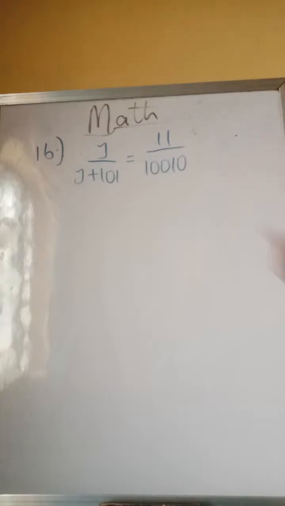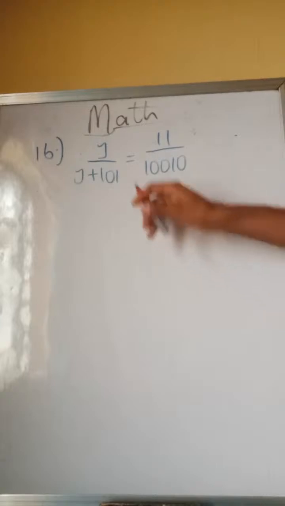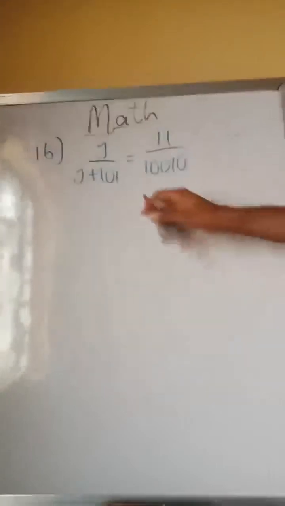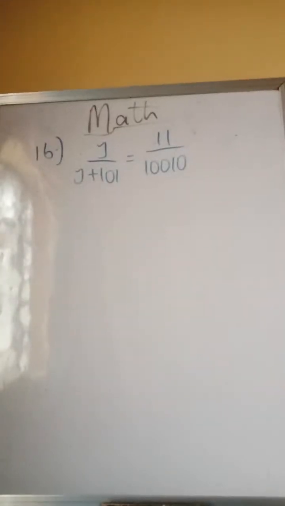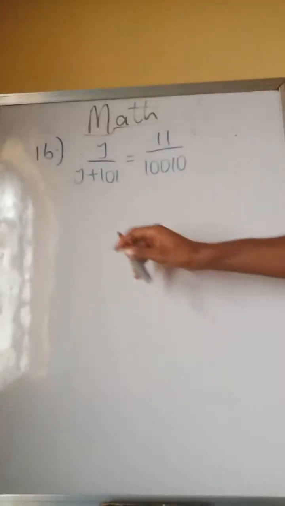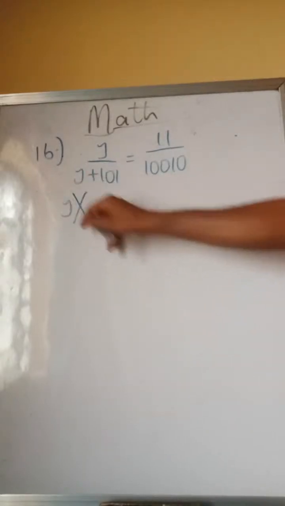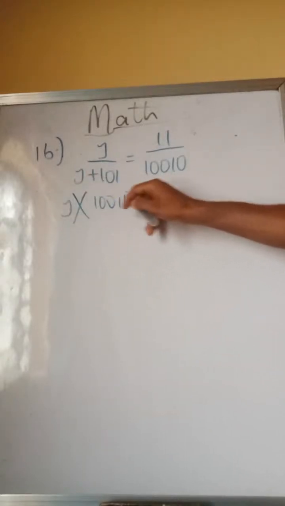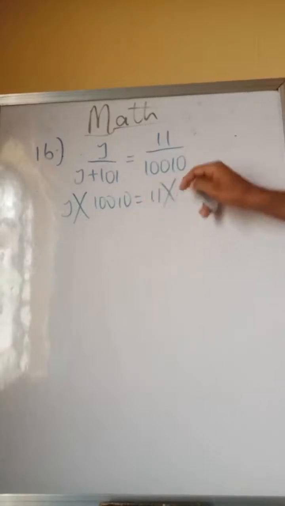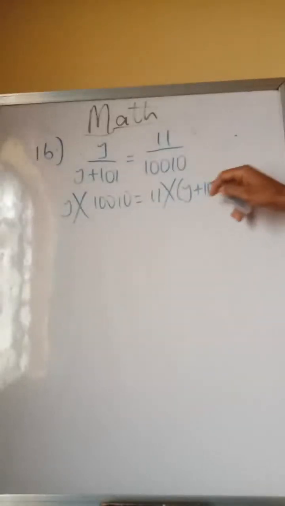So to go about this, you cross multiply. And that's a straightforward way. Some people say multiply through by the LCM of the denominators, which is not bad. Now by cross multiplying, you have y times 11 times y plus 101.